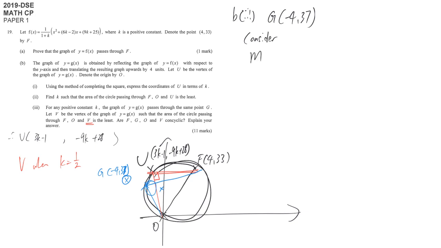Consider the slope OG times the slope GF is equal to 37 over -4, and then for GF, we just compare these 2 points: 37 minus 33, -4 minus 4.